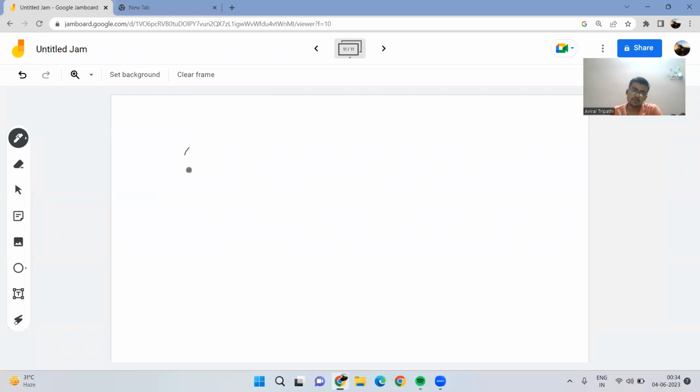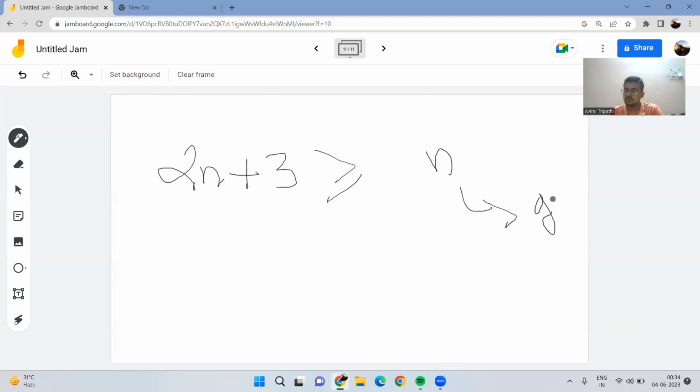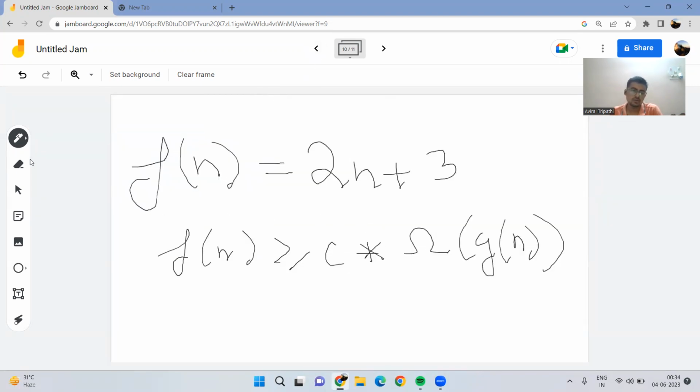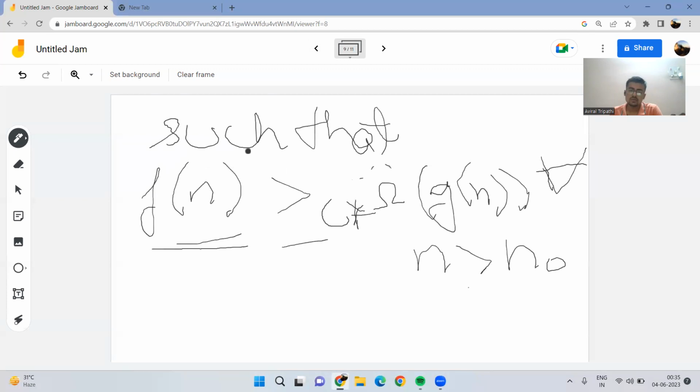So we write here 2n plus 3 greater than n. This we know here. So this n is your gn. Sorry, just for correction, it should be here simply gn. Omega is not needed. Just to correct it. Even here as well, I'm just erasing this.